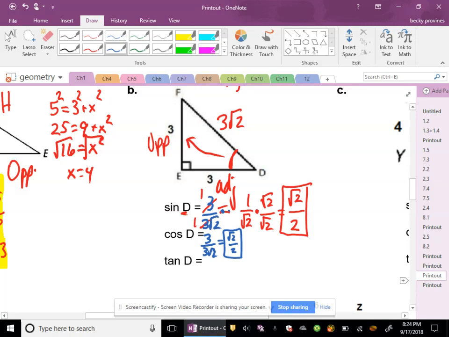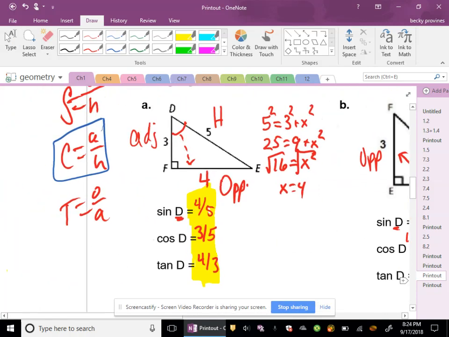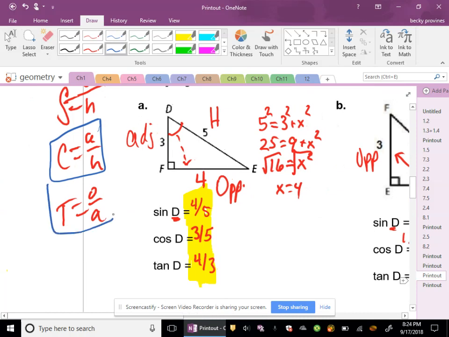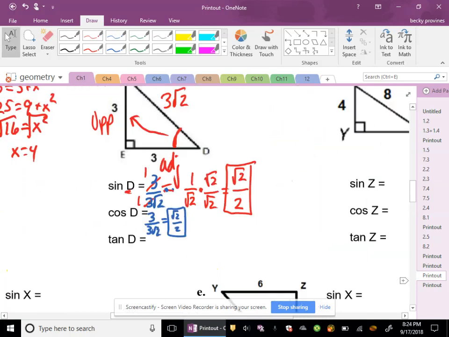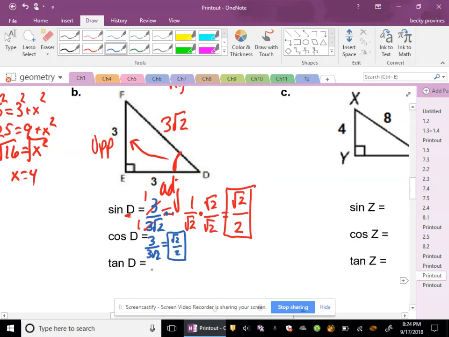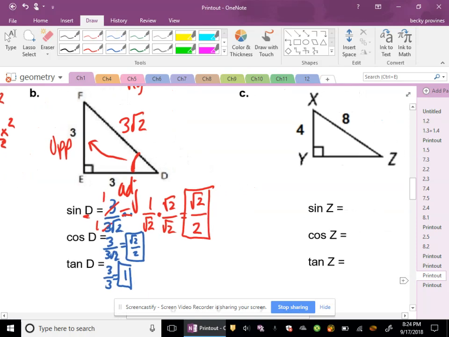Now lastly, we have tangent. Tangent is opposite over adjacent. So let's find our opposite and adjacent side. Those are 3 over 3, which just simplifies down to 1. So make sure you box or circle your final answers. And we are now finished with this one.